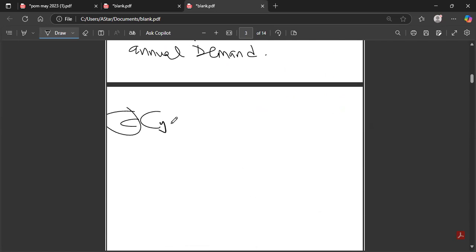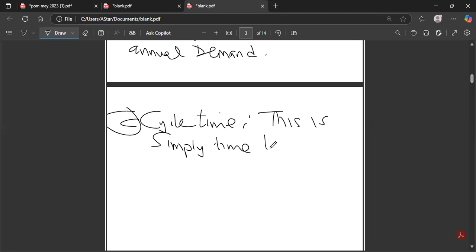Then in cycle time, so this is simply time taken between production runs.